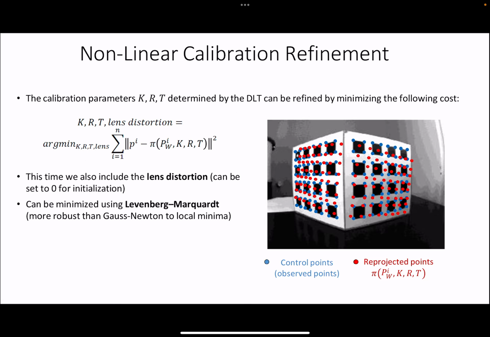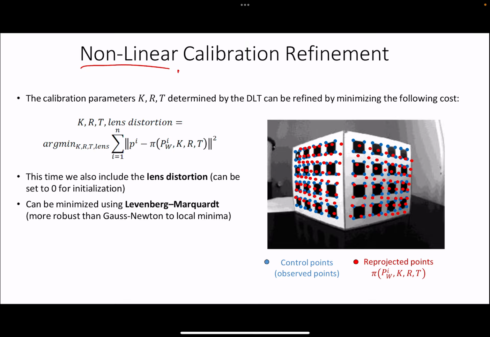So we further do nonlinear calibration. In DLT, from its name, we know it's a linear transformation, right? But we are going to do nonlinear calibration refinement based on the initial DLT output. It is not very good, but it reasonably makes sense; the distance between red and blue is not very large.